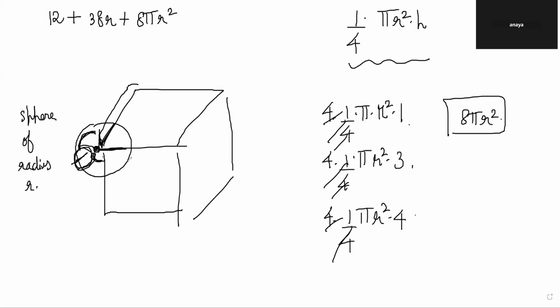The best way to visualize it would be to think of it on the XYZ plane and think of the point here. Let's say the body was like this. Let's say this is 3 units. Let's say this is 4 units.